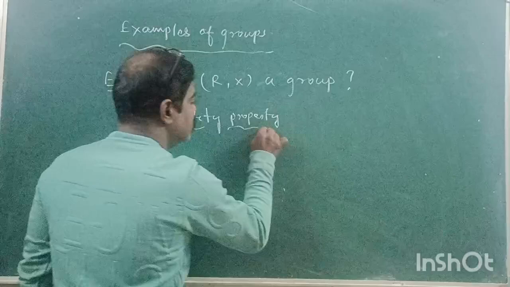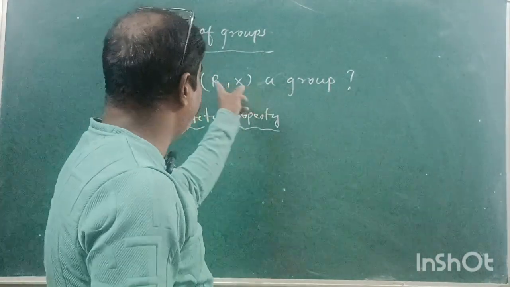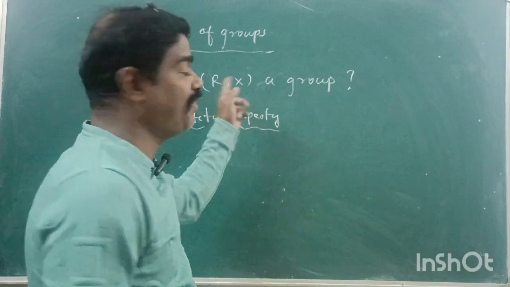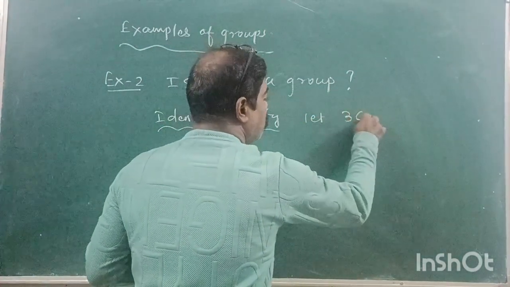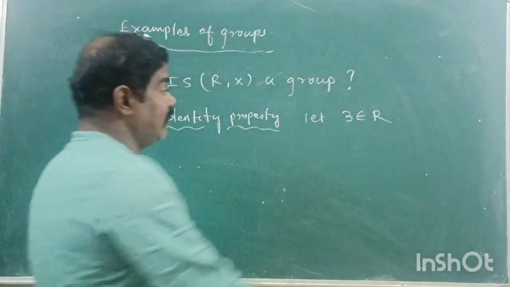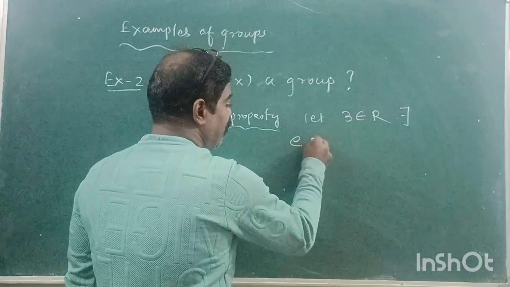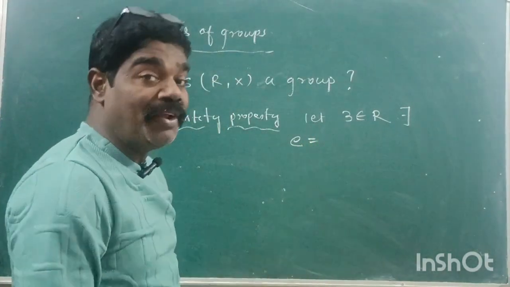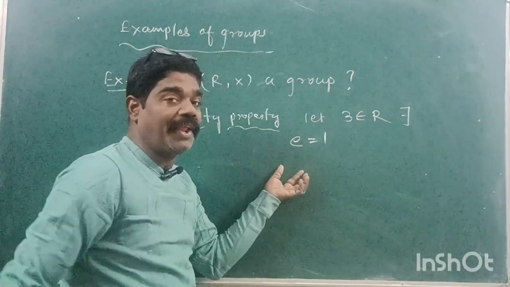Understand? See. I will choose one element from the real numbers. R is the real numbers, right? Let 3 belong to R. There exists an identity element e. Can you tell me what is the value of e? It is equal to 1. Why?